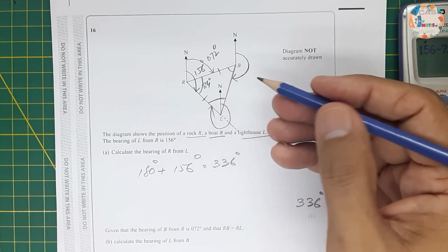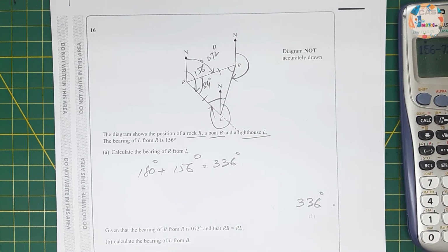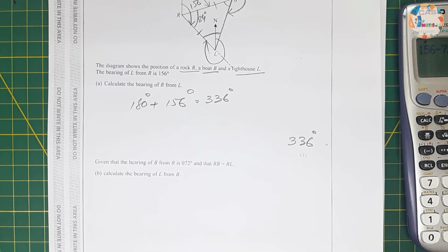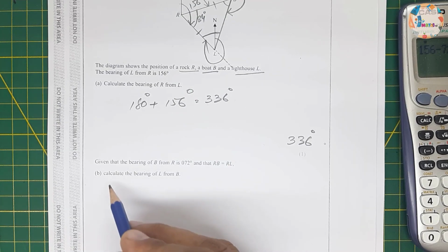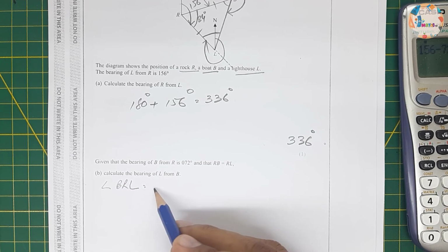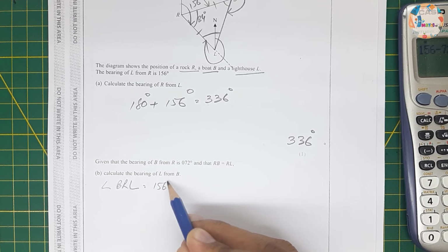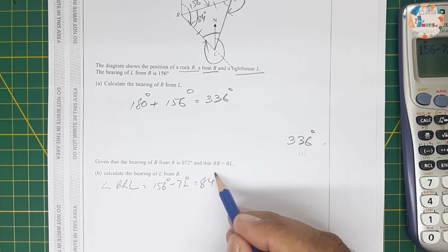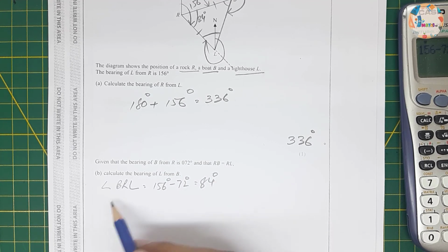We have to write this as steps also, because this is a 3-mark question. So we can write angle BRL will be equal to 156 degrees minus 72 degrees. This will be equal to 84 degrees.